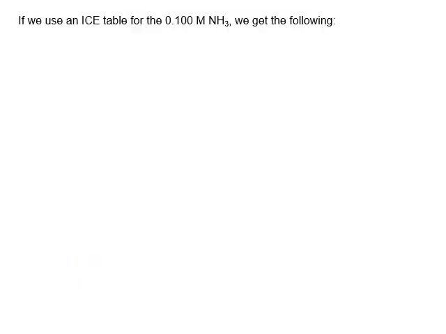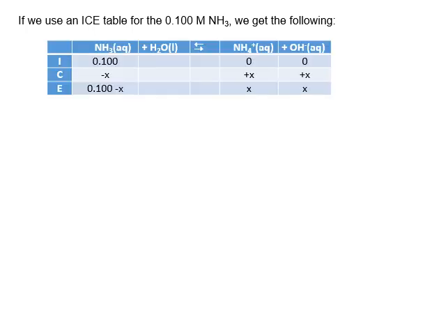If we use an ice table to represent the solution of 0.1 molar ammonia, showing the ammonia reacting with water as a base to form ammonium ion and hydroxide, and plug the values into the Kb expression, we get a value of x of 1.35 times 10 to the minus 3, which would be the concentration of the hydroxide ions as well as the ammonium ions.